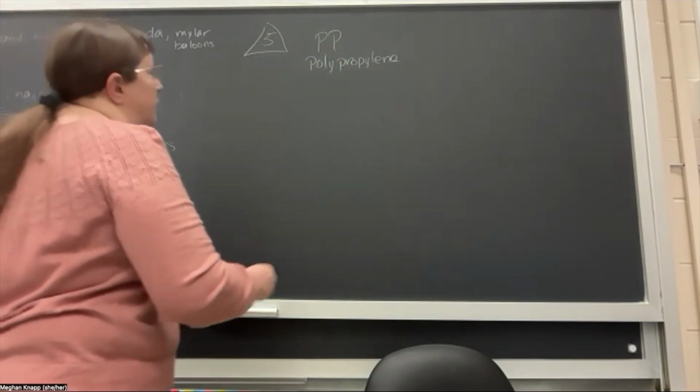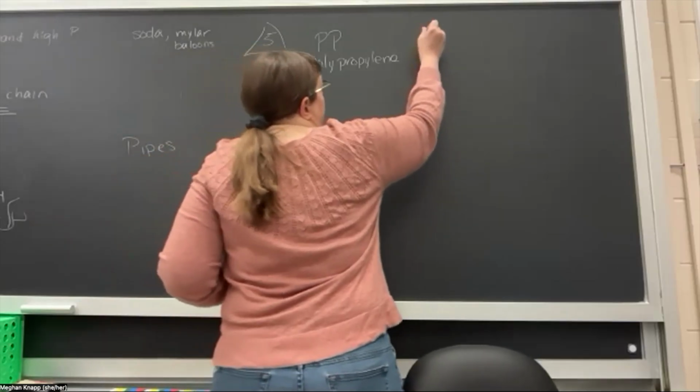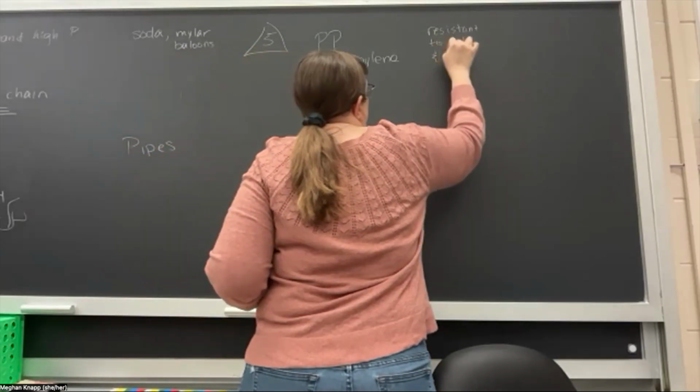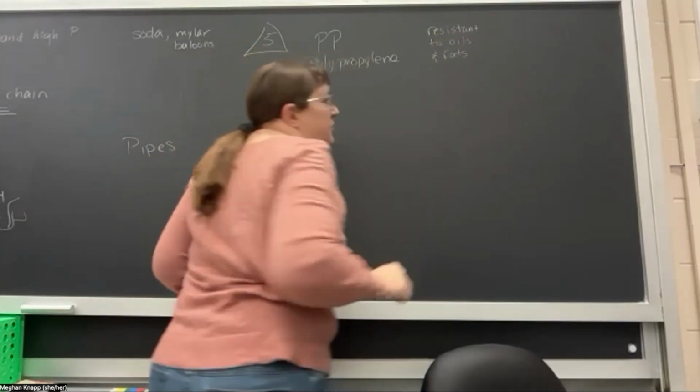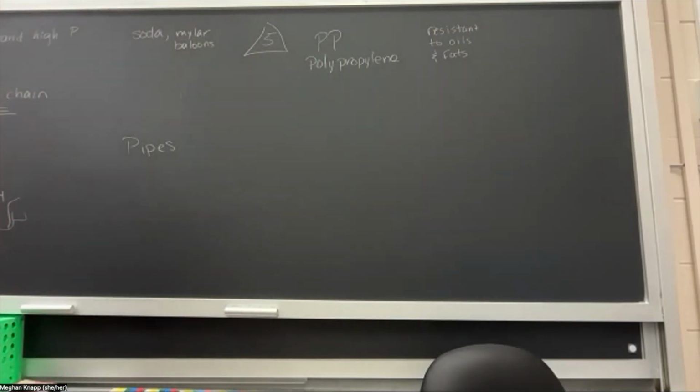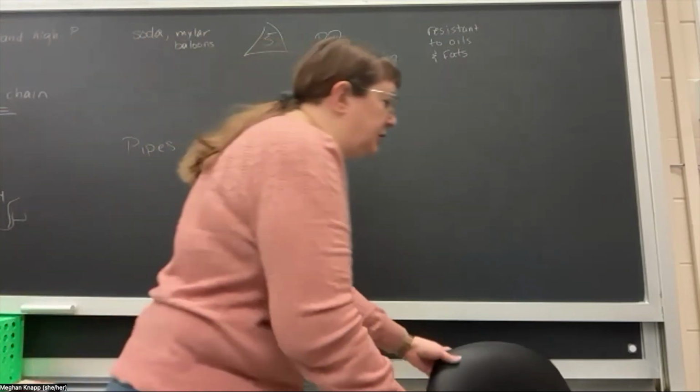This one is often used for mayonnaise or margarine or things like that because it's resistant to the oils and the fats that might start to dissolve the polyethylene. And so that's why we use that. So these are often in food containers.